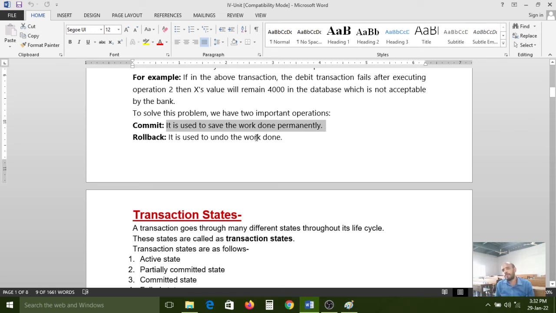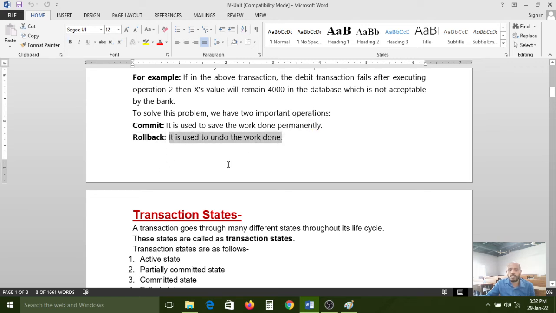When you use the commit statement, the transaction is successfully committed and the data is moved from buffer to database permanently. If any failure occurs, the rollback command will enable that reverse process.